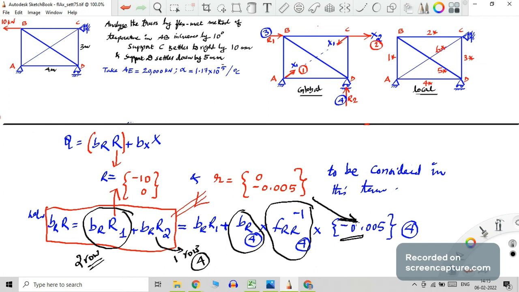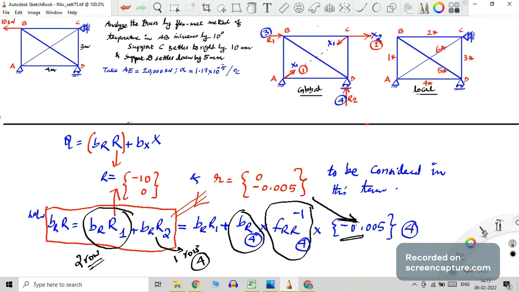So in this case, suppose I add another constraint, another complexity, like support A settles by say 10 mm to any direction, 10 or 20 mm. So that 20 mm value also has to be handled in a similar fashion. So we need a fifth coordinate there, because for that 20 mm of A you need another coordinate, that is the fifth coordinate.